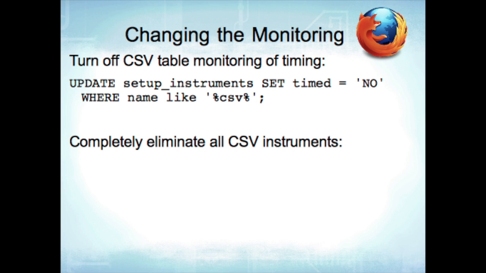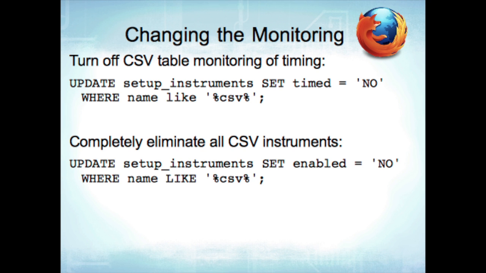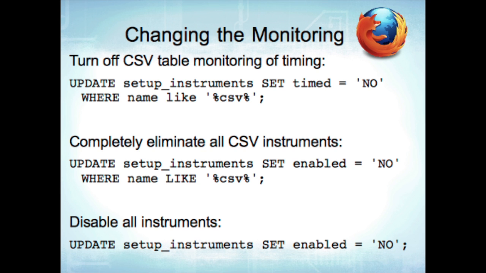But what if I just want to turn them off, disable them? So set enabled equals no, where name like CSV. What if I want to turn all the monitors off? Well, I should turn off performance schema. But let's say I just want to turn everything off because I want to turn only a few things on. So everything off, disable them all, set enabled equals no. You could say where 1 equals 1 if you want.